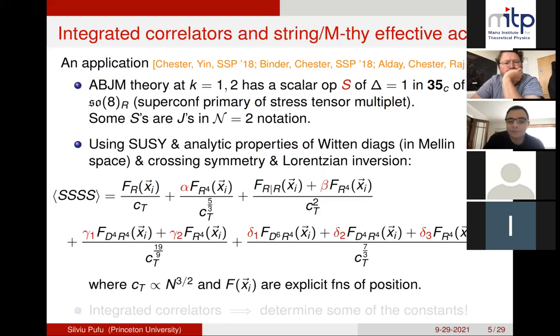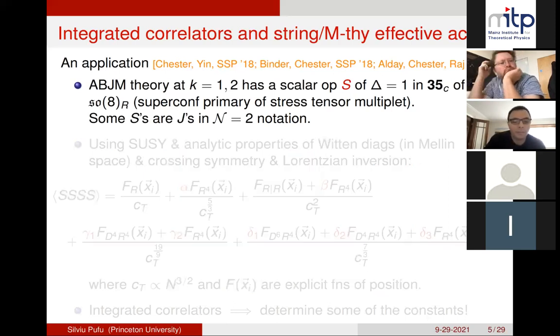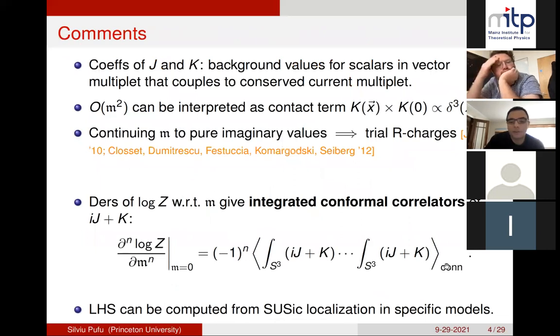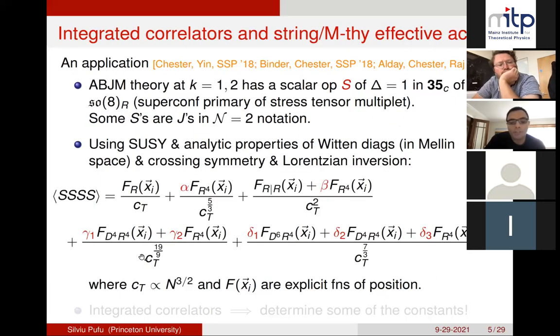So then, what is the role of these integrated correlators that we can compute in this case using supersymmetric localization? Well, the role is that using them, we can plug this ansatz into that integrated correlator. From the S's, we can figure out the correlation functions of the J's, and using supersymmetry, we can figure out the correlation functions of J's and K's, and then compute that integrated correlator, and then find constraints on these coefficients.